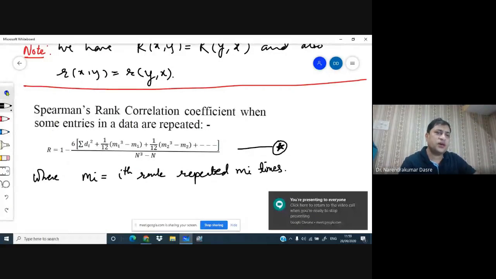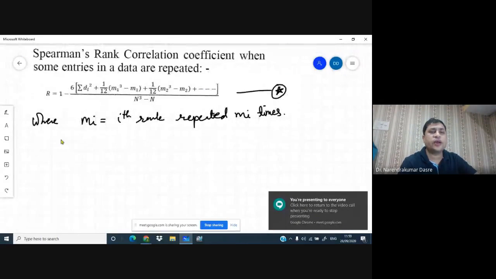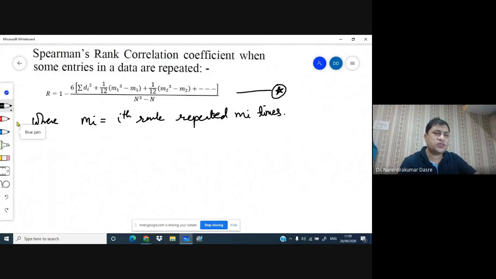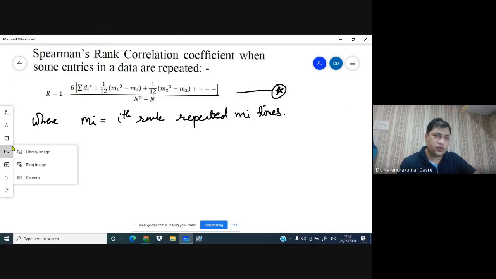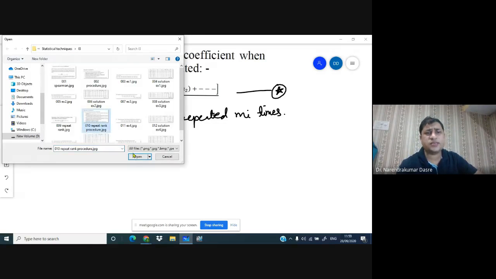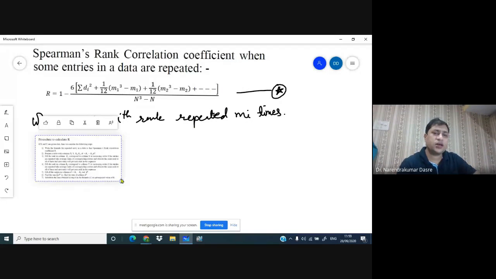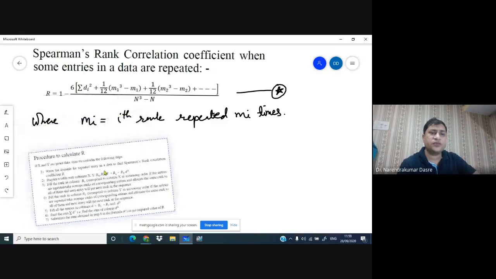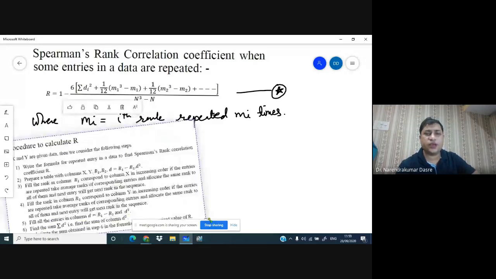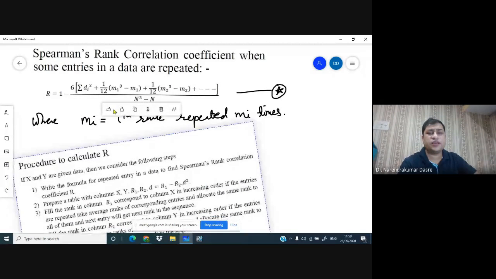When we have repeated ranks, the procedure is slightly different. We consider the procedure for this repeated rank, and as I said, we have to go for averaging.